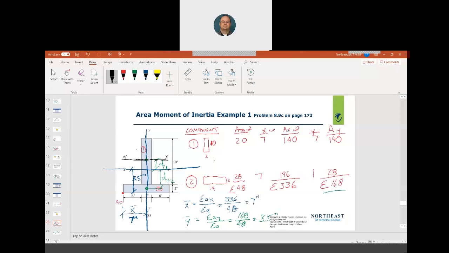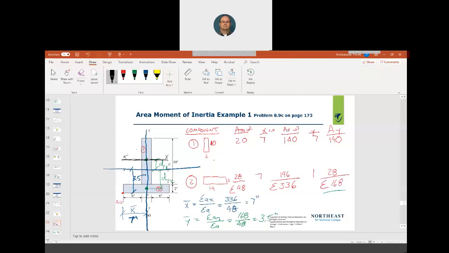So we need to get this distance right here. How do we do that? We know it's 3.5 to there from 0, 0, and from there to there is 7.